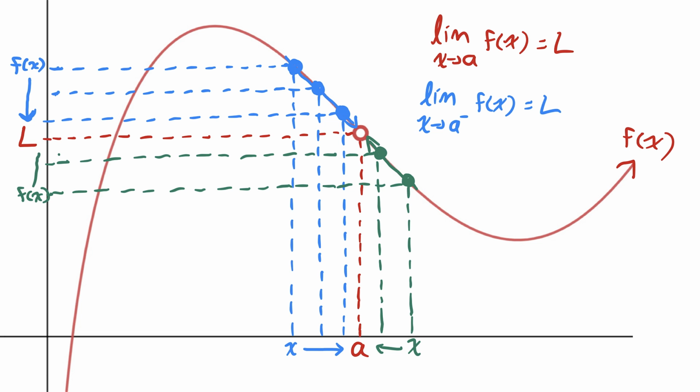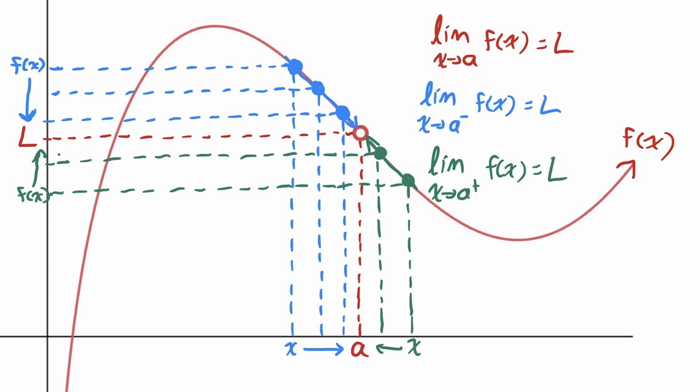The y values of these points are also getting closer to the limit L. So I'd say the limit as x approaches a from the right side of a, and there's a notation for the right side, it's that little plus, of f at x is also L. When the left and right limits are equal, we can conclude that that is the limit of the function.